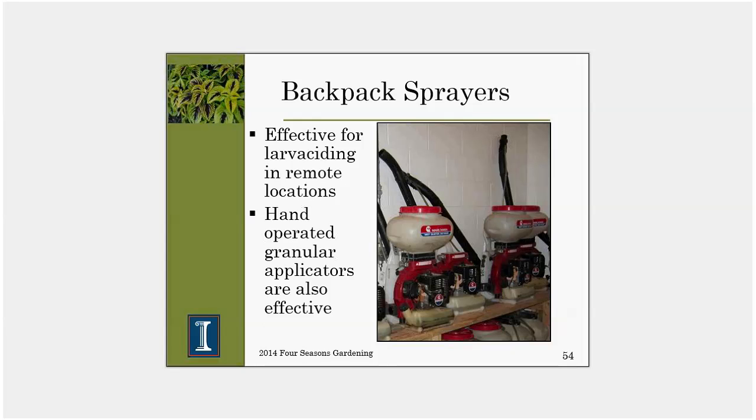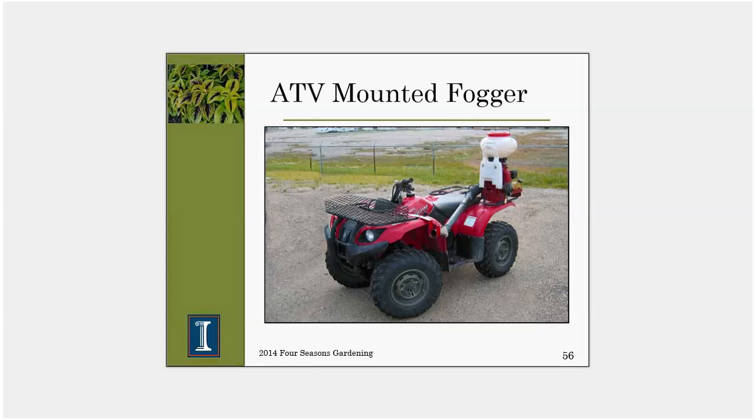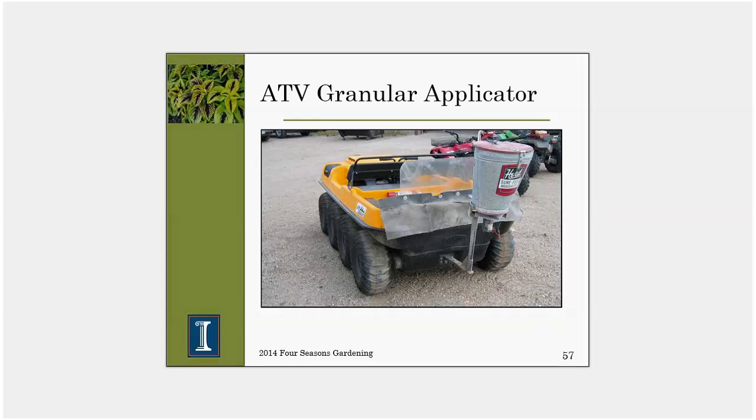There are various types of portable sprayers used for controlling larvae in remote locations. Many of these places are out away from things and hard to get to with any type of ground rig, any type of wheeled vehicle. There are ATVs that can be used for fogging adult mosquitoes or for treating larvae as well in some of those areas.